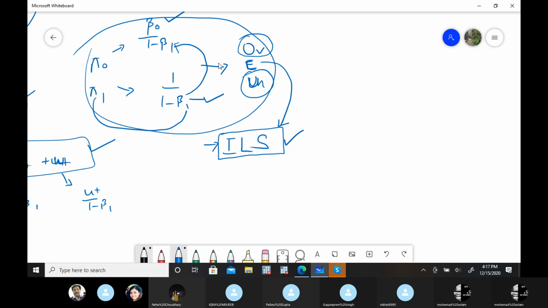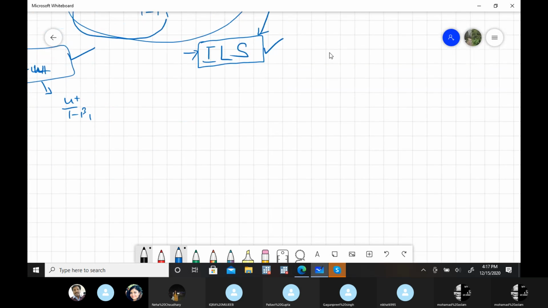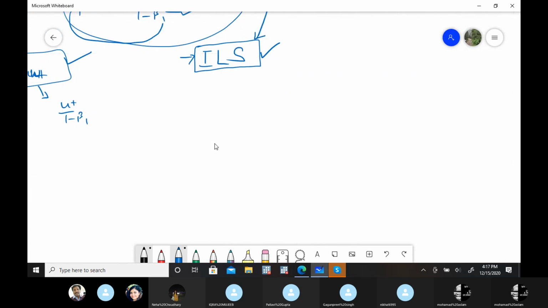Let me take this example, from a demand and supply function. Let's suppose this is a demand function. That is quantity demanded. And then we have a supply function.